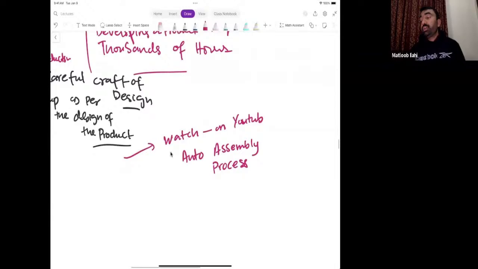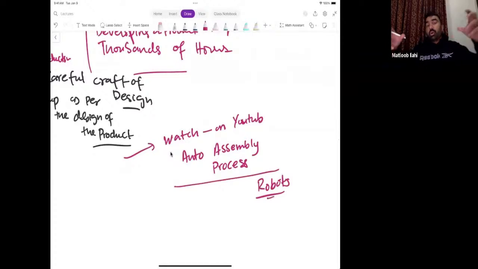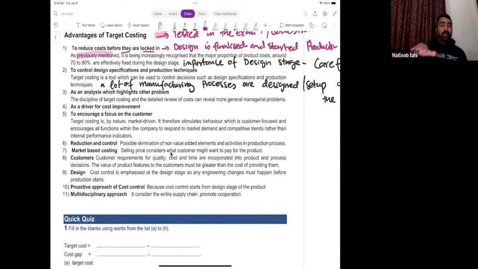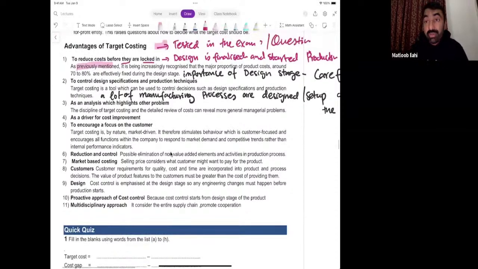You might have seen such videos. There are a lot of robots working on assembly, like nuts, bolts, and welding and all that. So many production processes are set up or arranged according to the design of the product. Imagine if the design of the product is complicated or difficult, this will make the production process more complicated. And this you can see in electronics and in automobile assembly plants.